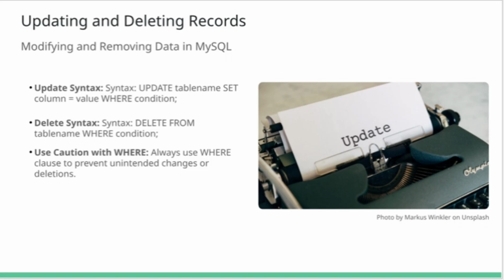It is important to note that omitting the where clause will delete all the rows in the table. So updating and deleting are very powerful operations, and using them responsibly is key to maintaining data integrity, consistency, and accuracy in a MySQL database.